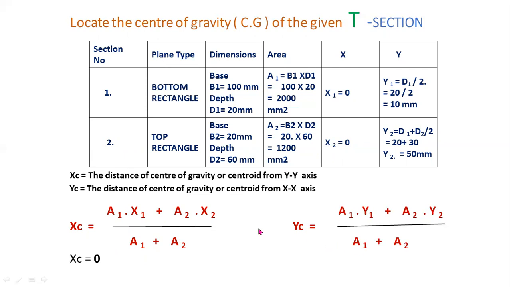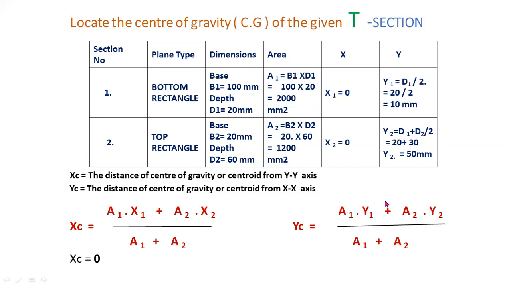In a similar way, yc equal to a1 y1 plus a2 y2 by a1 plus a2. yc is the distance of centroid or center of gravity of the entire section from the xx axis. Now here a1 equal to 2000, a2 equal to 1200, and y1 equal to 10 mm, y2 equal to 50 mm. You have to substitute these values in this equation.